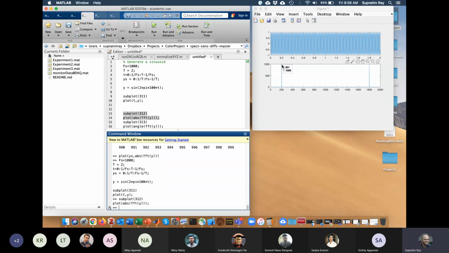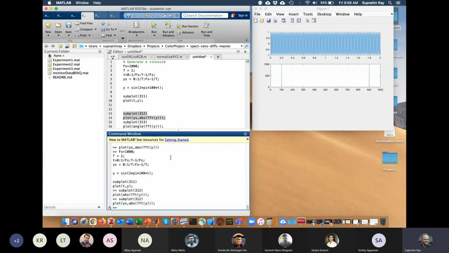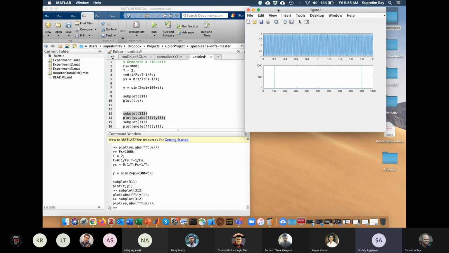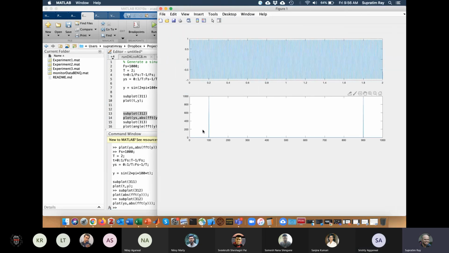But if I apply the scaling here, it will again become 100 hertz. X is 100, right? So that's the frequency here. It's 100 hertz, and it's a sharp peak. There's a mirror image. Why is there a mirror image here? Because all real signals are symmetric about half the sampling frequency.